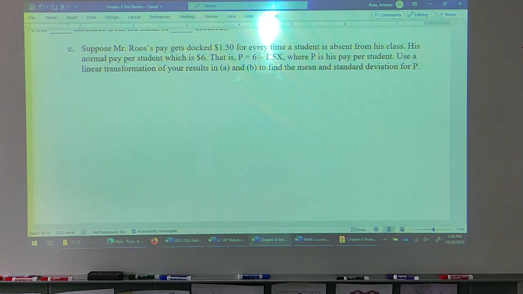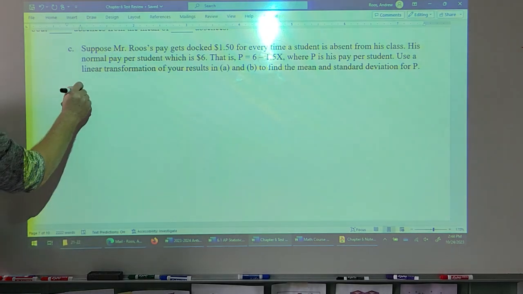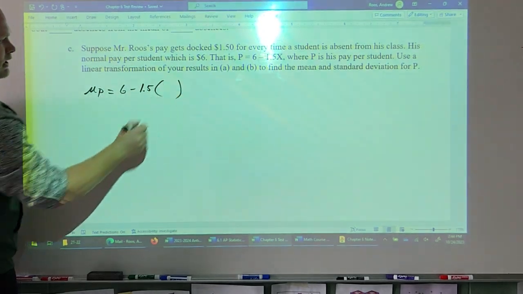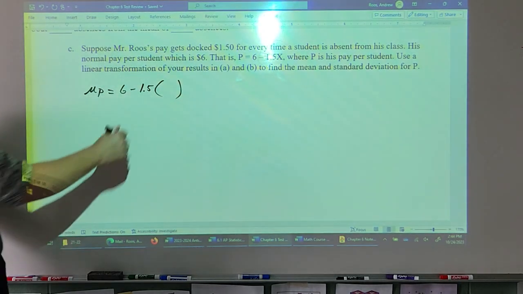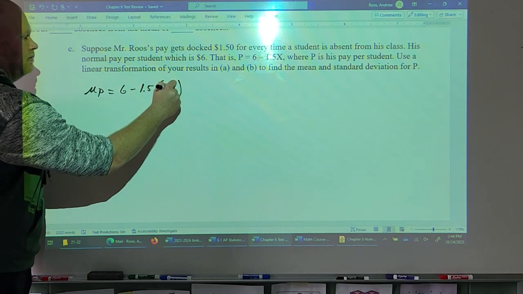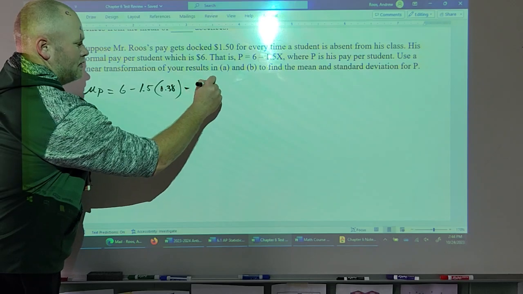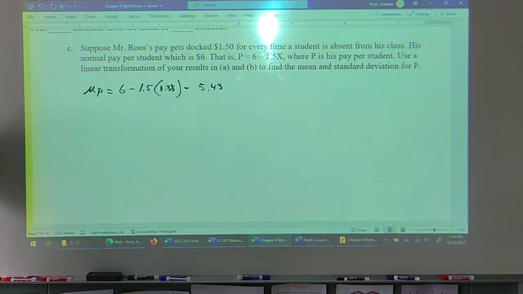Use a linear transformation of your results from part A and B to find the mean and standard deviation for P. Well, for the mean of P, we'd have 6 minus 1.5 times the average we found above. So we'd get a transformed mean of an average of 5.43 per student.